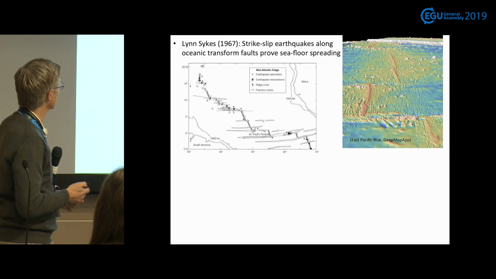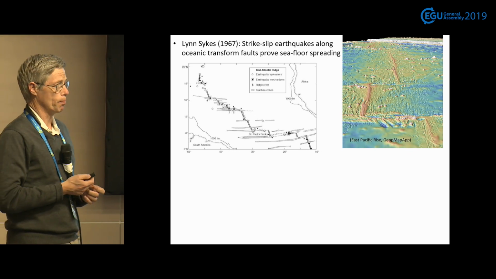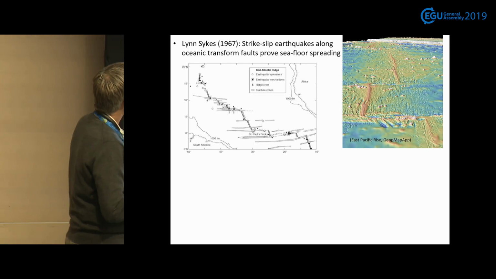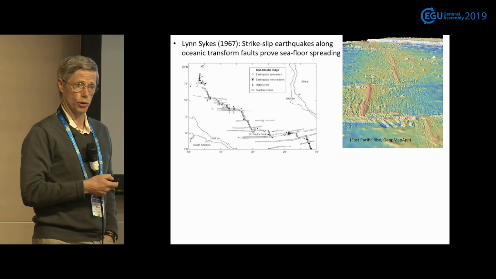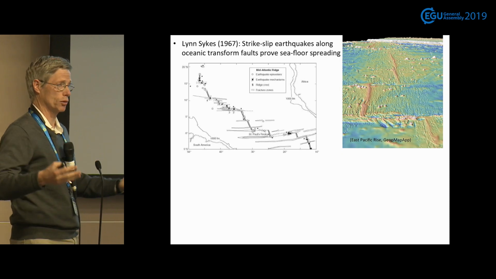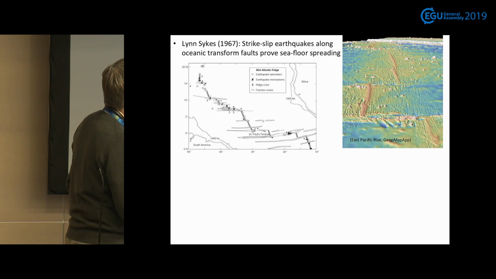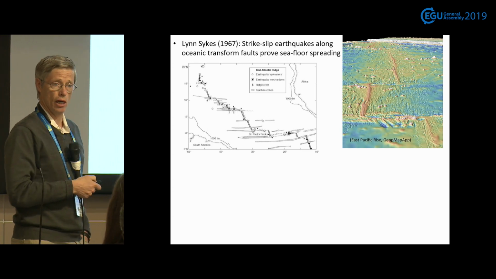And here I'm referring to the observations that were published by Lynn Sykes. So Lynn Sykes observed that seismicity related to fracture zones on the oceanic seafloor. That was at the time we started to understand the morphology of the oceanic seafloor. So the mid-oceanic ridges had been discovered.